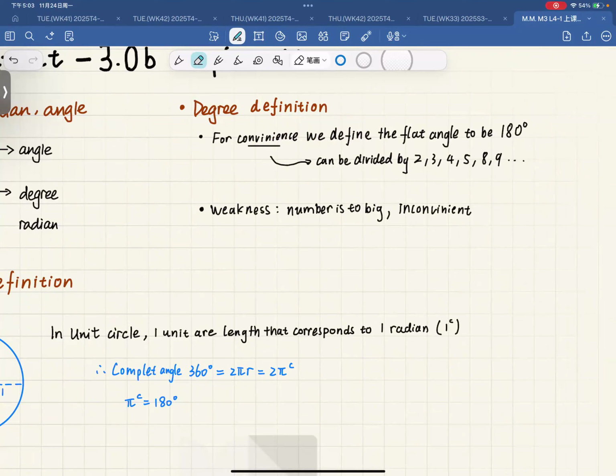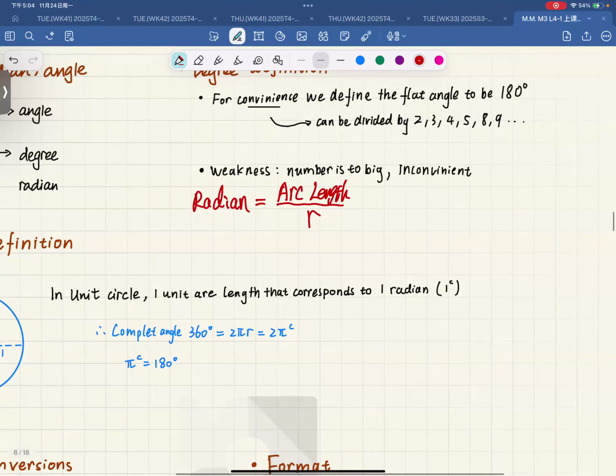So the radian is equal to arc length divided by radius.